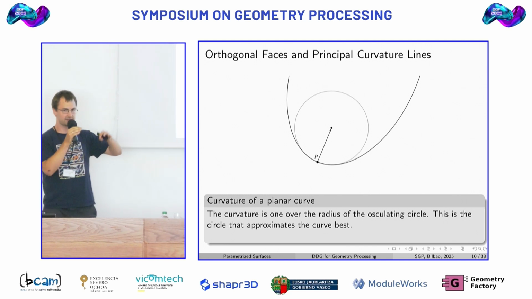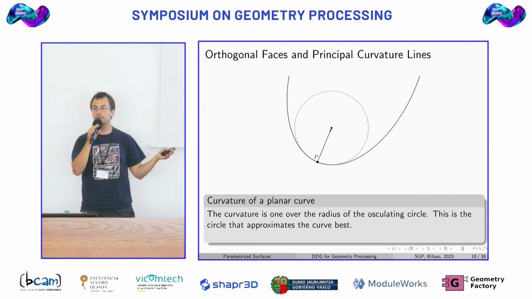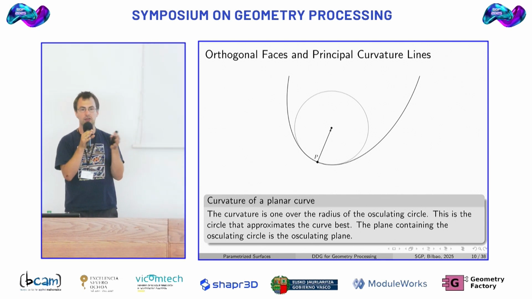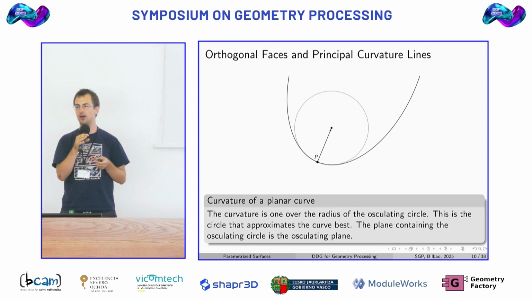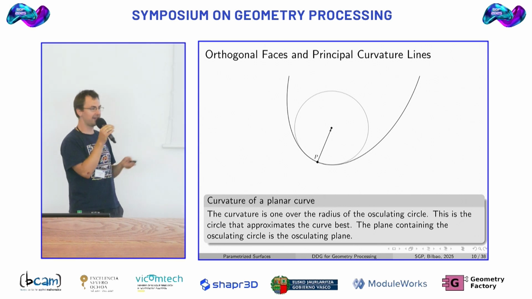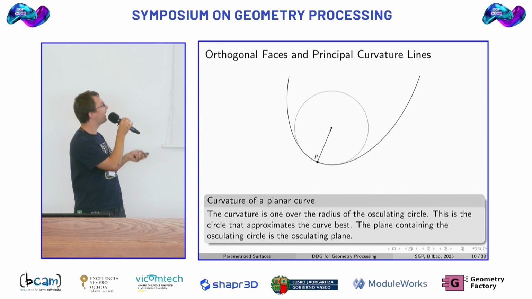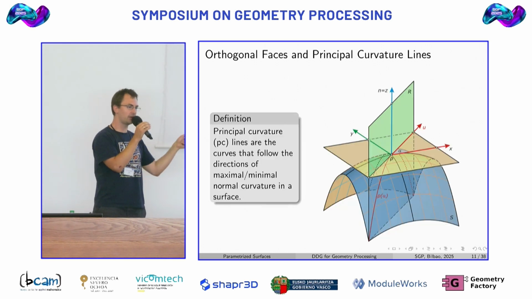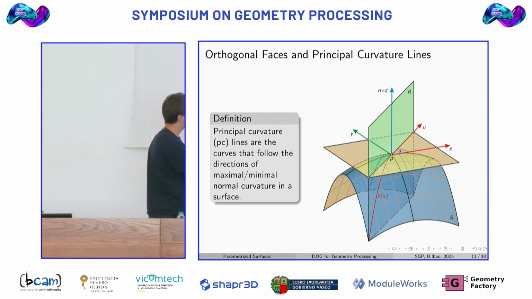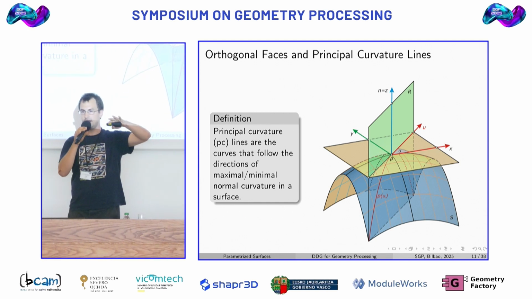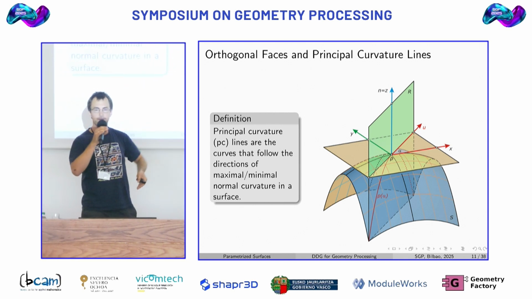By the way, this also works for a space curve. You can also do an osculating circle, and then the plane that contains the osculating circle is the osculating plane. I might mention this again a bit later in this presentation. Now, with this picture in mind, we turn to a surface. In our surface, we have a point P, a tangent plane at P, and a normal vector.